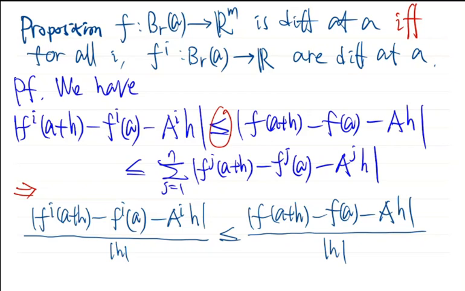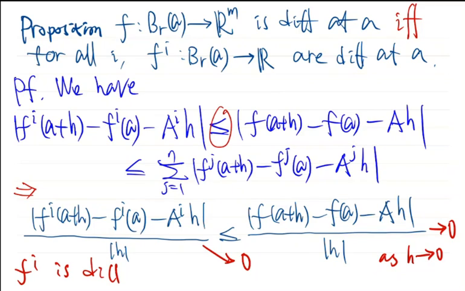The right-hand side goes to 0 as h goes to 0. Therefore the left-hand side also goes to 0. The left-hand side going to 0 means that f_i is differentiable at A. So this proves the only if part. For the if part, we can use the second inequality, so I will omit this here.